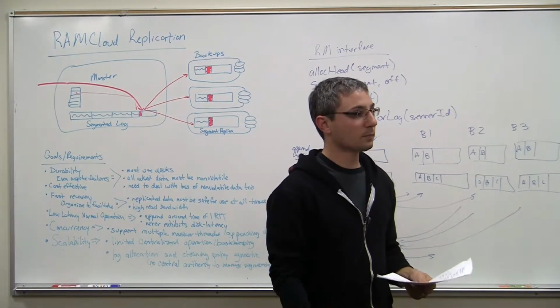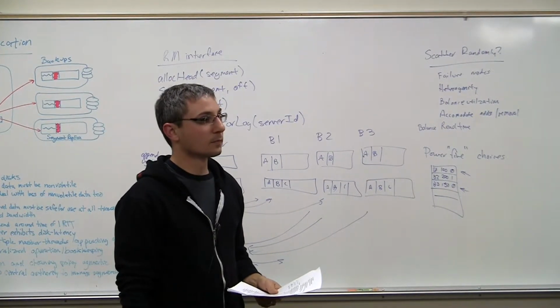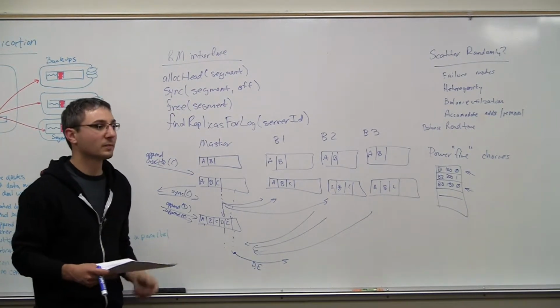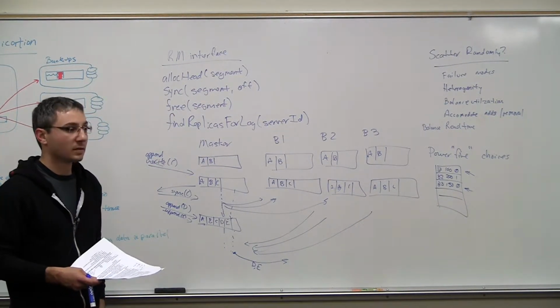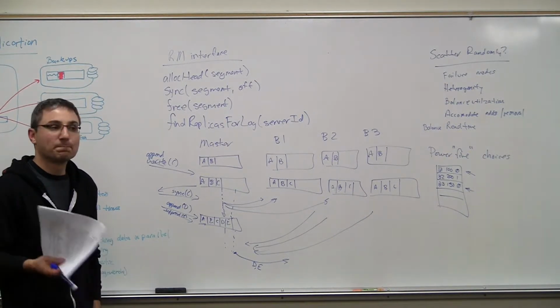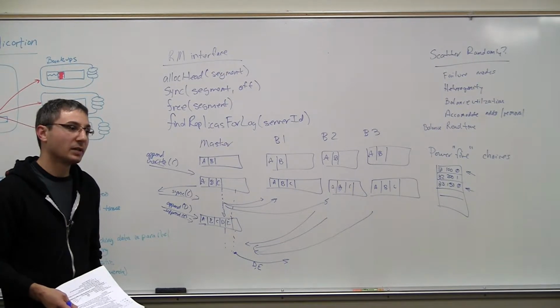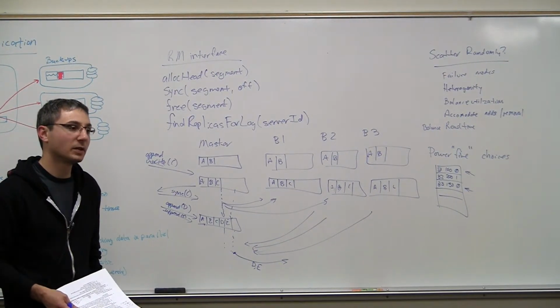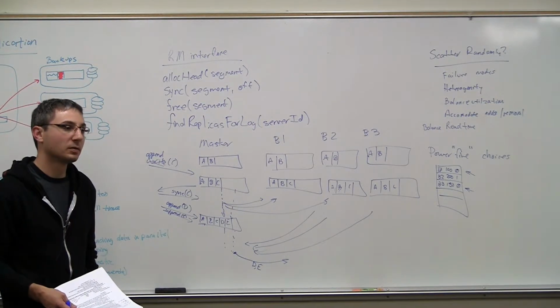Shouldn't you just balance the secondaries in terms of space utilization? Otherwise you'll have to buy a lot more disk space than you need, because some backups will run out of disk space. But here we're making the assumption that balancing uniform random is good enough. I don't know how the law of large numbers works out in that case. We decided that uniform random would be off by a factor of 3 to 4.